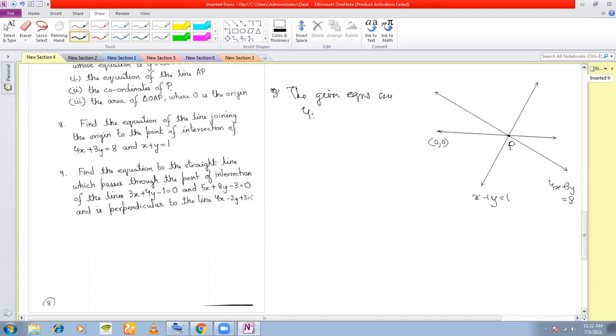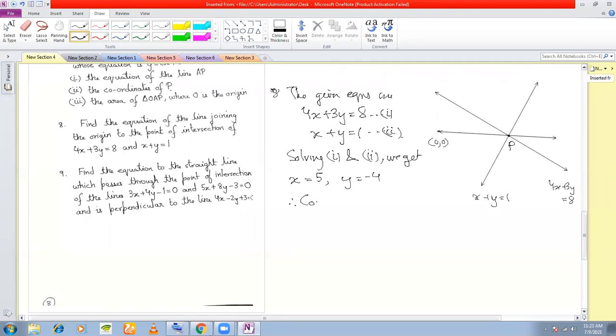So the given equations are: how do you find out the point of intersection of two straight lines? Archita? You solve the two equations, right? Yes, sir. Solve them simultaneously. I'm not going to solve this equation; you do it on your own. Solving 1 and 2, we get x is equal to 5 and y is equal to -4.